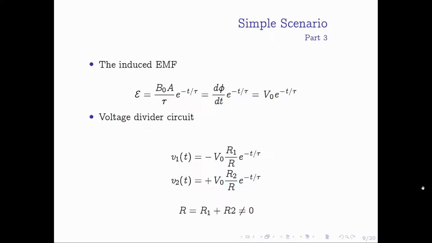This can also be written as d phi by dt, in which phi is the magnetic flux, multiplied by e to the minus t over tau, or simply it can be V0 e to the power minus t over tau. Applying the voltage divider circuit analysis, it is easy to find V1 and V2 expressions as follows.